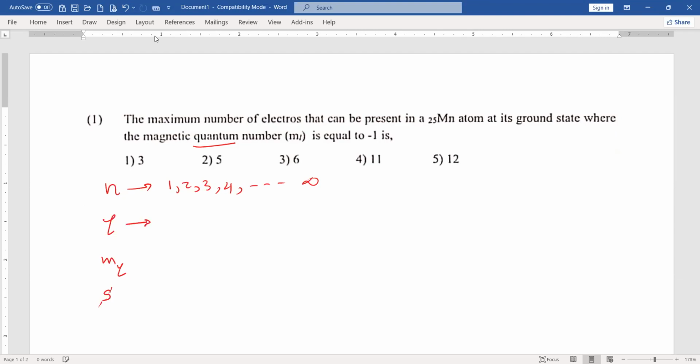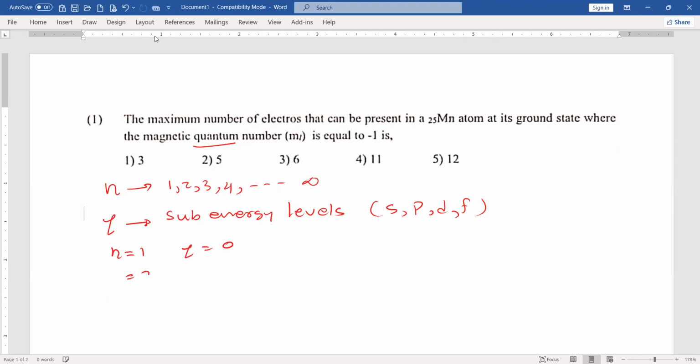Then L is the azimuthal quantum number. This represents the sub-energy level, as S, P, D, and F. Basically, we have 4 sub-energy levels: S, P, D, and F. L depends on N. If N equals 1, then L can take only 0.